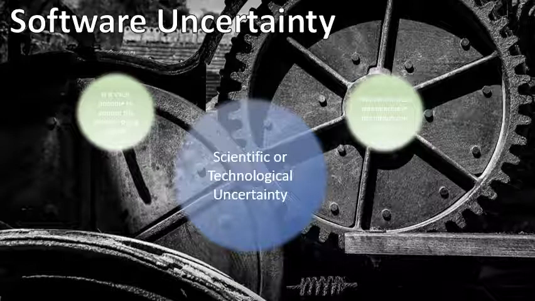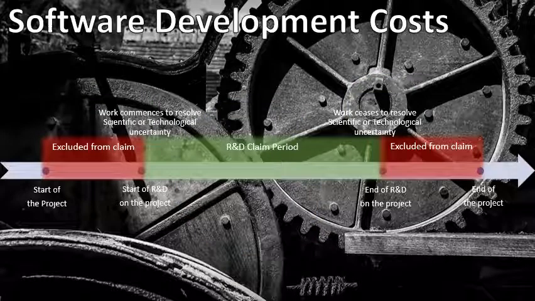Alternatively, there may be systems uncertainty, whereas it's uncertain how various APIs, frameworks, legacy packages can be integrated to form the new solution. As we have already mentioned, all costs required to overcome technological uncertainty can be included, even if the costs were routine activities.